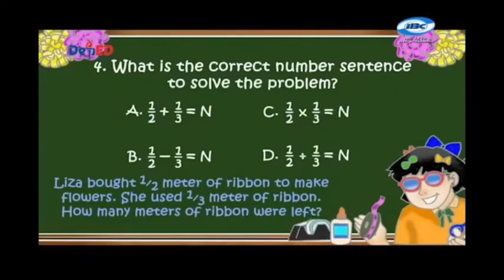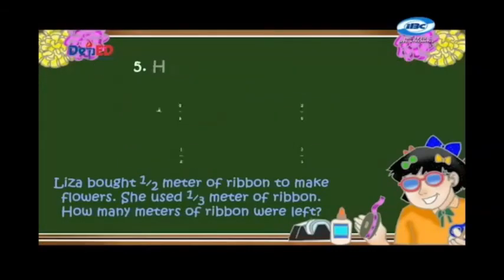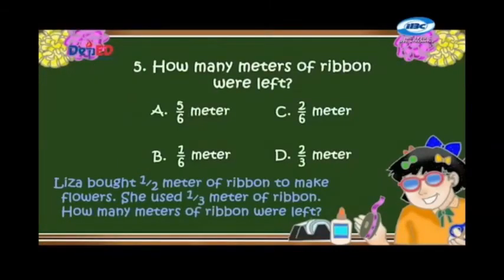D. 1/2 divided by 1/3 equals n. Number 5. What is the correct answer to the problem? A. 5/6 meter. B. 1/6 meter. C. 2/6 meter. D. 2/3 meter.